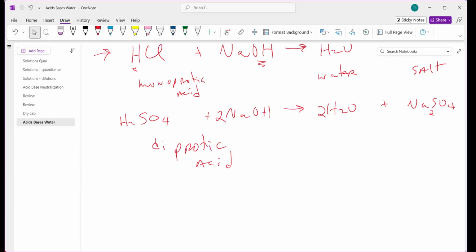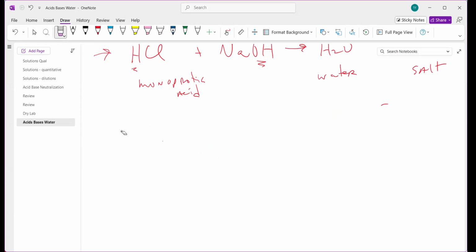Okay, so now that we've balanced the equation, let's work with the monoprotic one because it's simpler. And let's put some numbers to this.